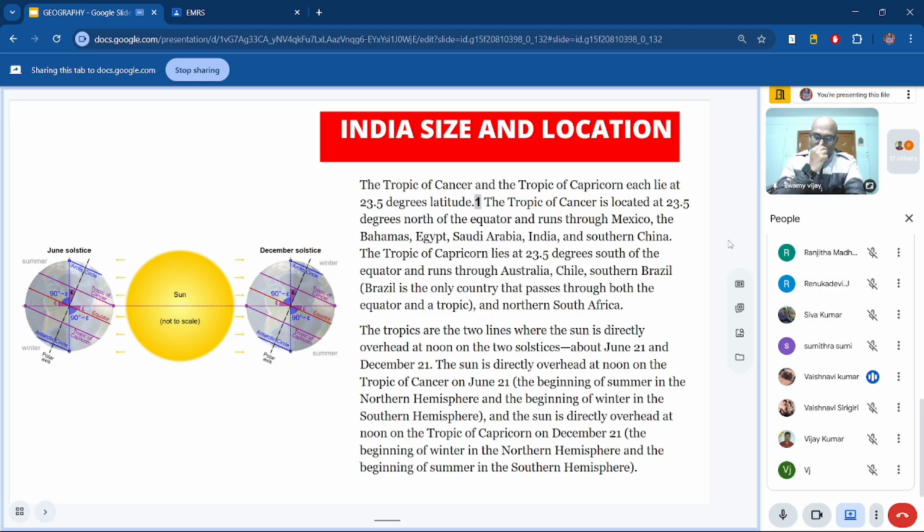That is the beginning of summer in the northern hemisphere and the beginning of winter in the southern hemisphere. And the sun is directly overhead at noon on the Tropic of Capricorn on December 21, the beginning of winter in the northern hemisphere and the beginning of summer in the southern hemisphere.